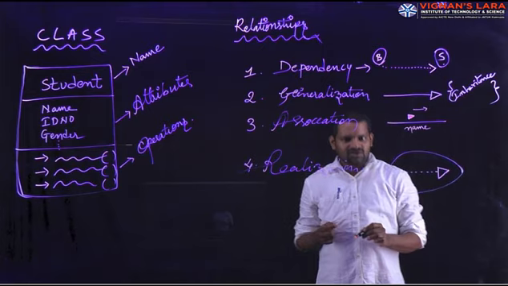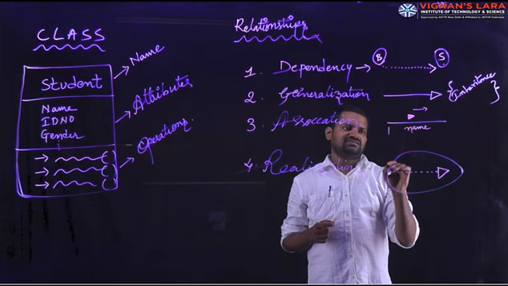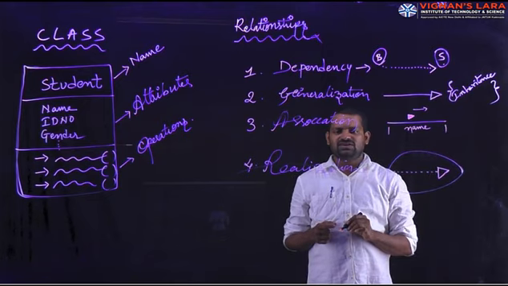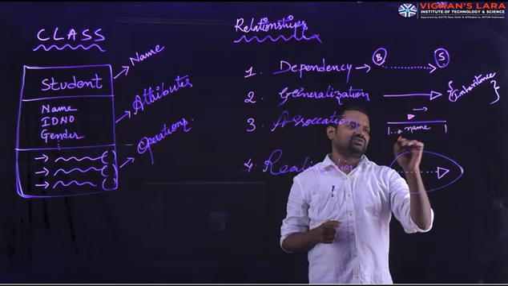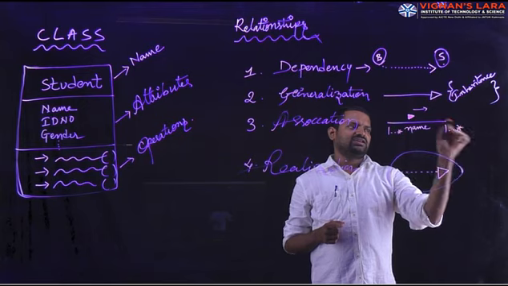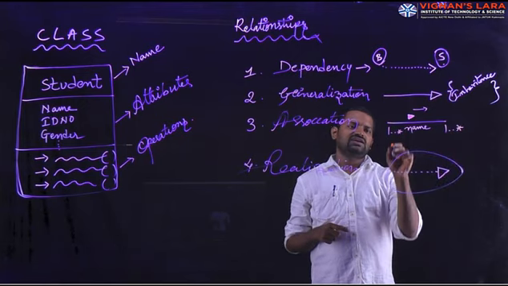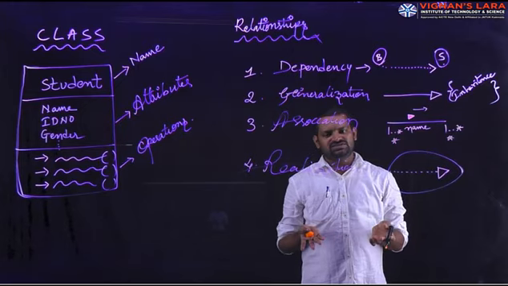An association should also have multiplicity: a one to one relationship, or one to many relationship, or otherwise you can write star to star, which means many to many relationship.